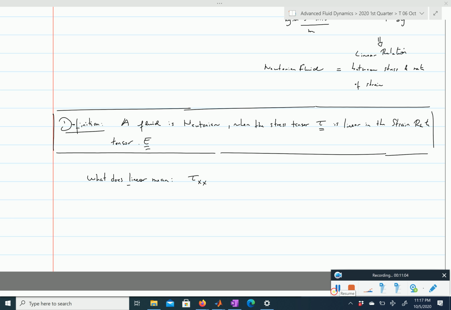To say that this stress tensor is linear in the rate of strain tensor would mean that we can write, at every single point, this normal stress as an alpha times this component of the rate of strain tensor, which would be equal to partial u partial x, plus, for example, beta exy, which would be equal to 1/2 of partial u partial y plus partial v partial x, plus gamma exz, which would be equal to 1/2 of partial u partial z plus partial w partial x, plus delta eyx, and so on.